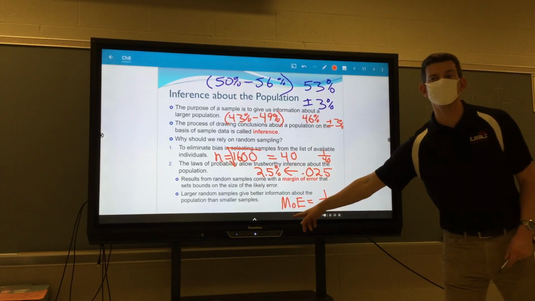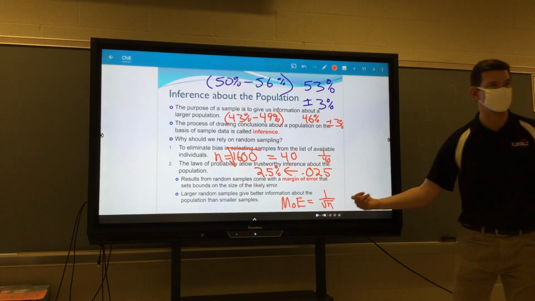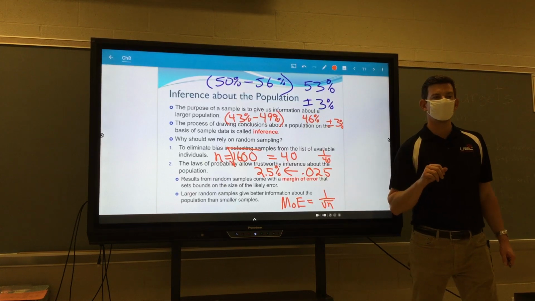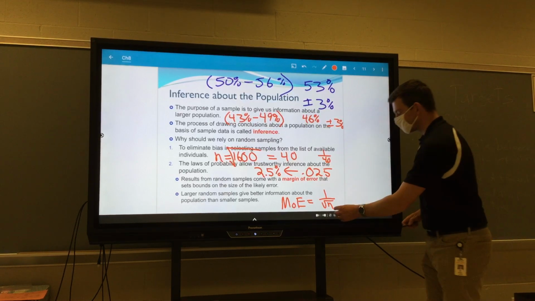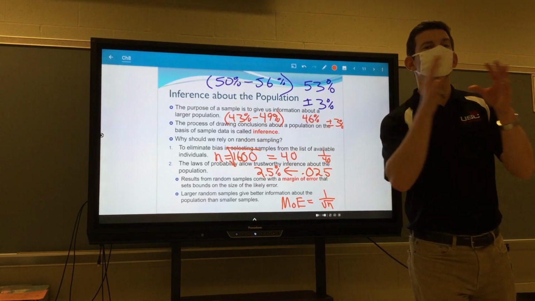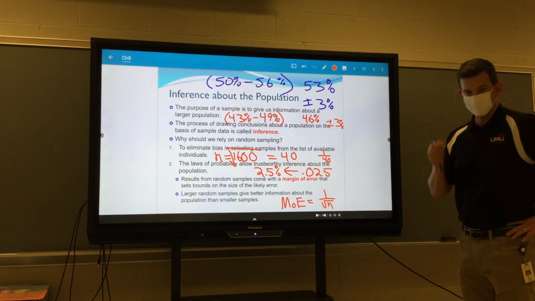You can clearly see from this inverted relationship why the bigger the sample size, the better. The bigger the sample size, the more accurate you are with your inference about the population.